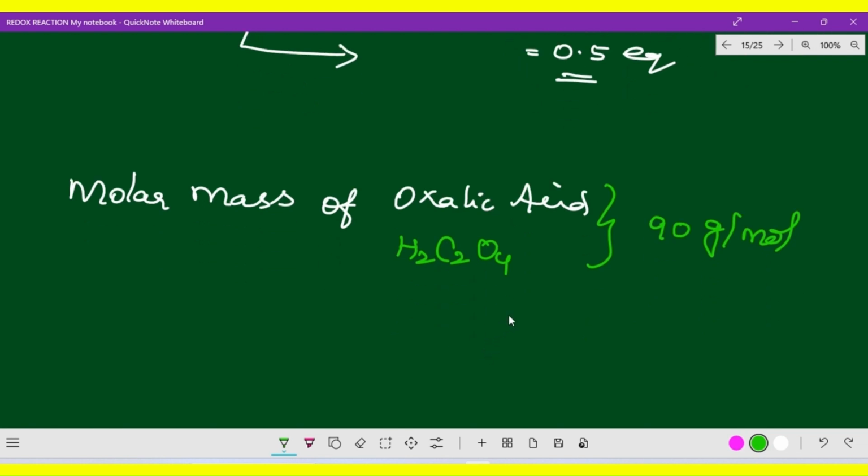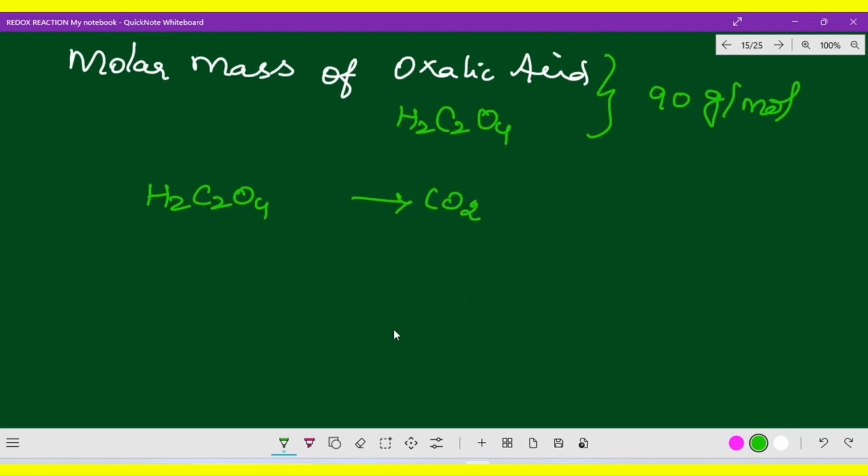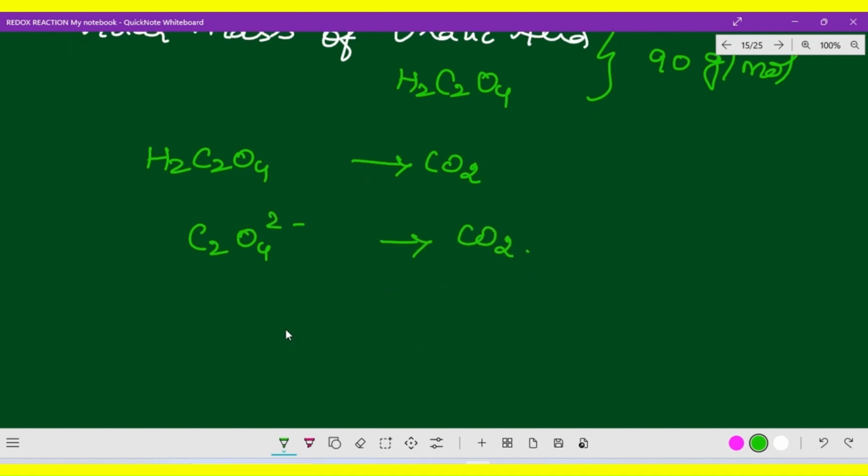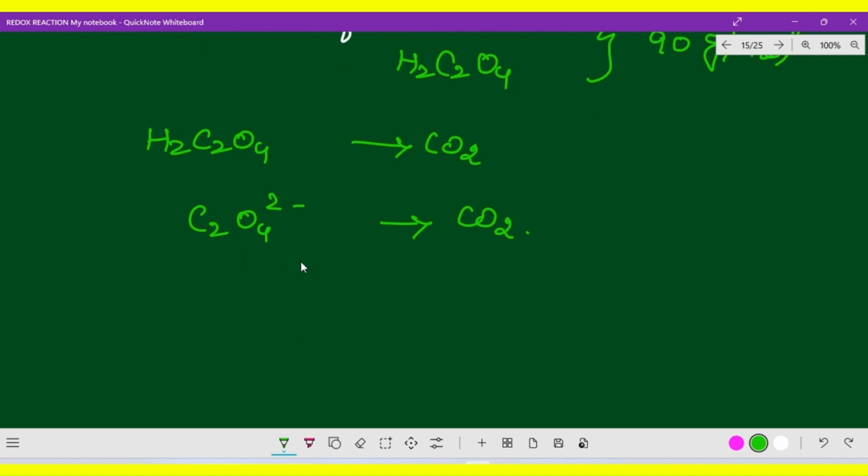Next point, let us identify the oxidation. H2C2O4 is converted to carbon dioxide, right? So in the half reaction, it is a redox reaction. C2O4 2 minus is converted to CO2, right? So in this case, per atom 1 electron, and here 2 atoms are available, since there are 2 carbon atoms.